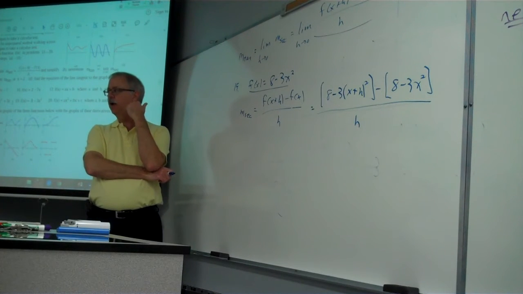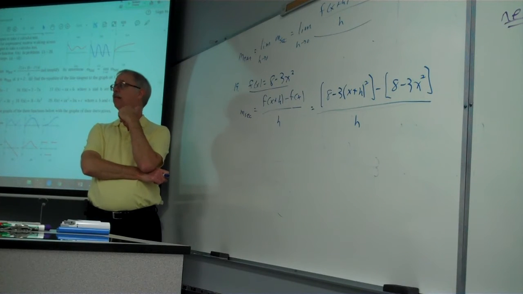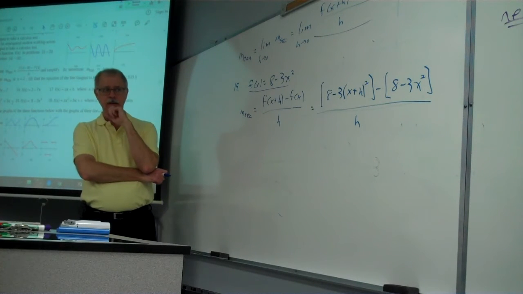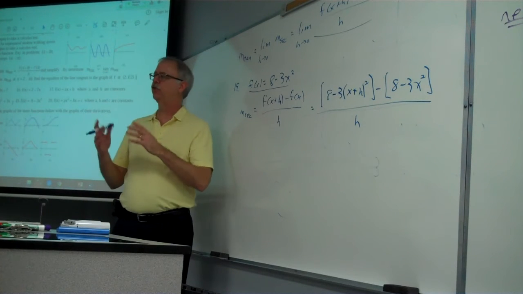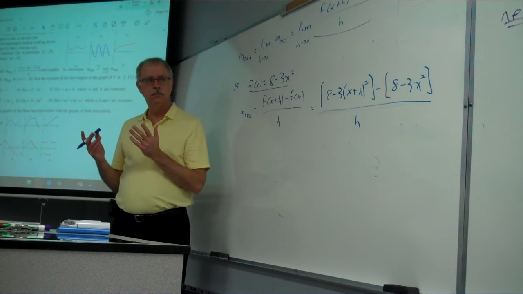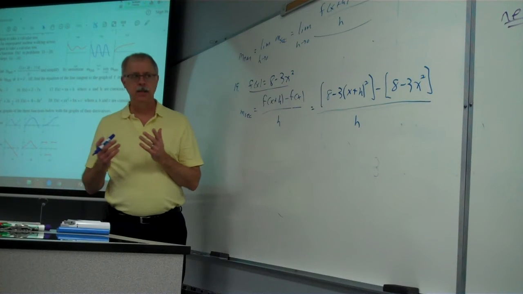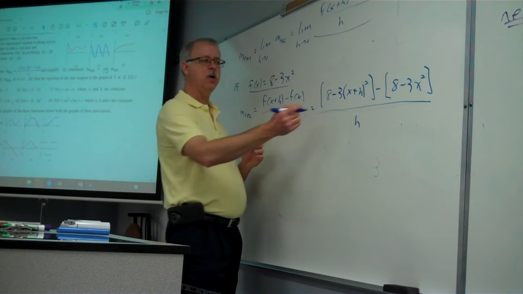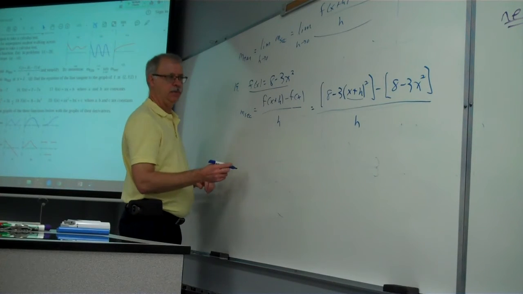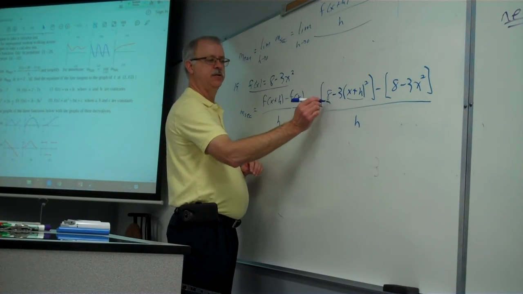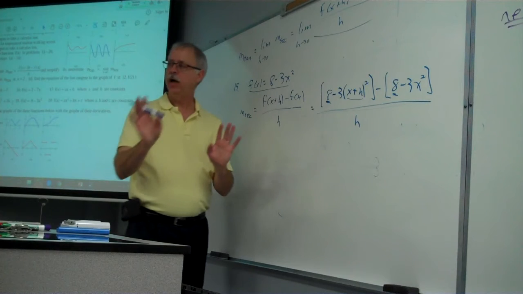Our hope is that it simplifies. Our hope is actually that it simplifies a lot. In terms of simplifying, what should we try to do first? Well, at some point we've got to square this out. I guess we could look at 8 minus 8, that's going to go away.